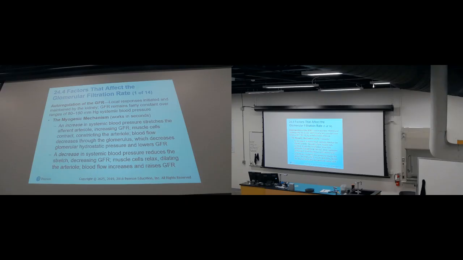And we have a mechanism that is called the myogenic mechanism. Myo for muscle. This works in seconds. So if you have an increase in blood pressure, that will stretch the wall of the afferent arteriole, and that will increase the GFR.